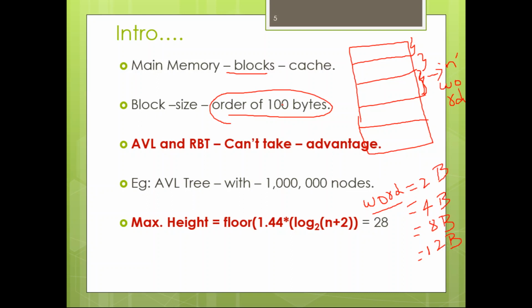So why are we learning all these things? Actually, this is connected with the speed of the processor, and it is connected with the algorithm. The way in which you write the algorithm may cause the speed to be reduced or increased. To understand that, we are trying to understand what is happening exactly. So the key point is, the block size will be several words, and the size of the word varies from computer to computer.